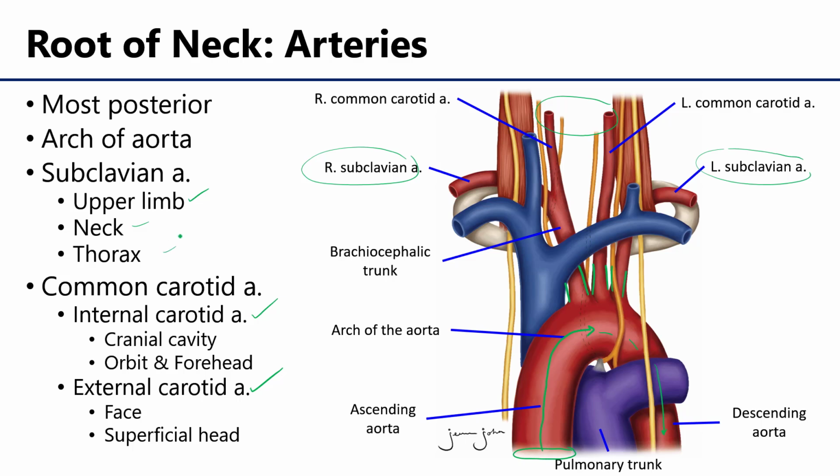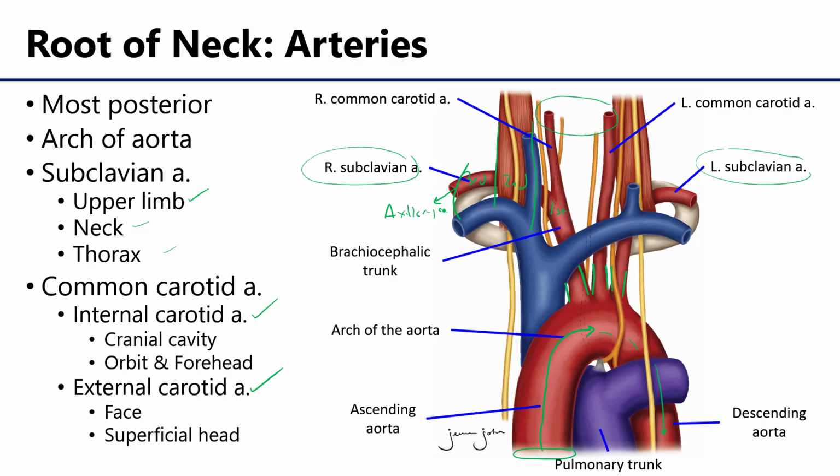So recall that the subclavian arteries have three parts, and those parts are differentiated by the anterior scalene muscle. So the first part is medial to the anterior scalene, the second part is posterior to it, and the third part is lateral to it, out to the lateral margin of rib 1, whereby they become the axillary arteries.